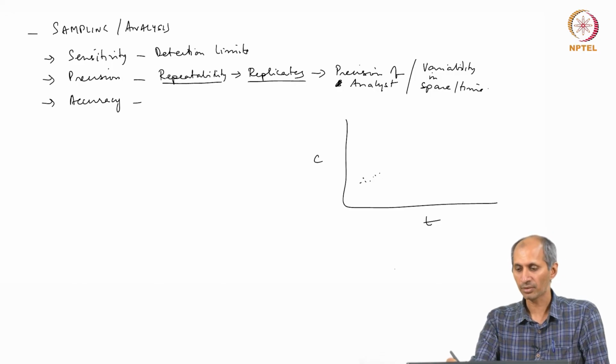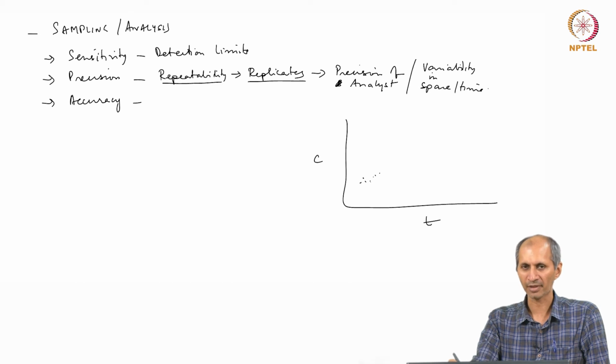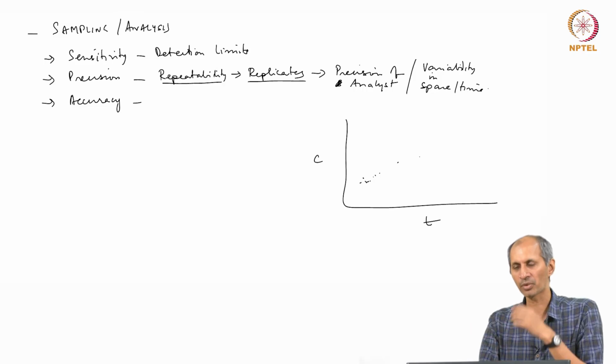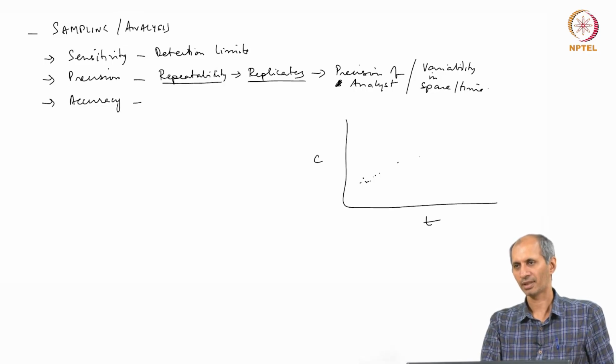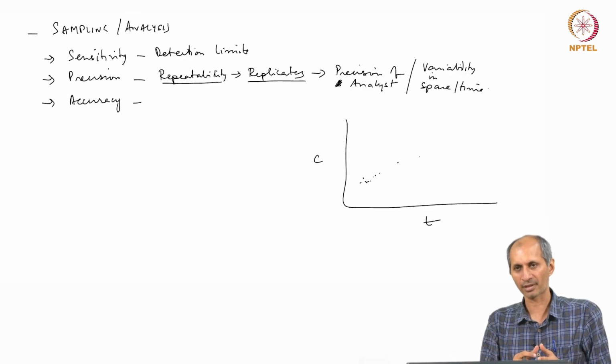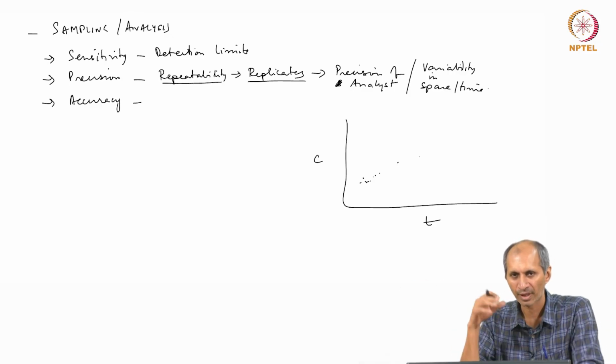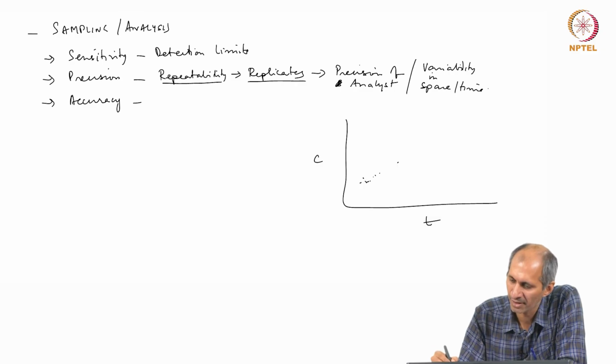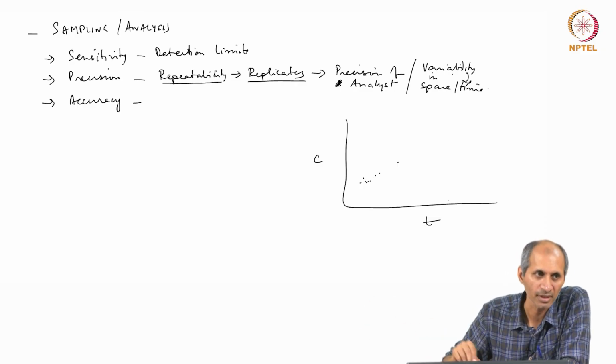Now, if within every half an hour there is a significant change, how do I know? Whether the time scale of whatever is happening is half an hour or 4 days or 10 seconds, 20 seconds, we do not know. So, you must be able to differentiate whether it is a variability in space and time or something that has to do with the sample itself.